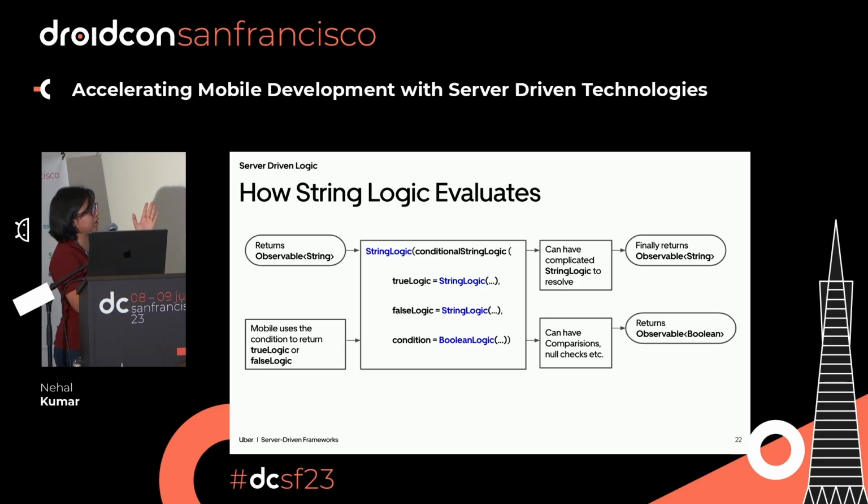The mobile client will use this observable of Booleans to decide between a true logic or a false logic. Each of these can, again, be very complicated string logic that will finally just evaluate to an observable of string. And this whole thing finally evaluates to an observable of string at the end.